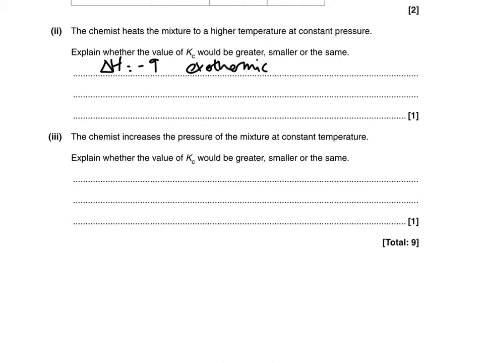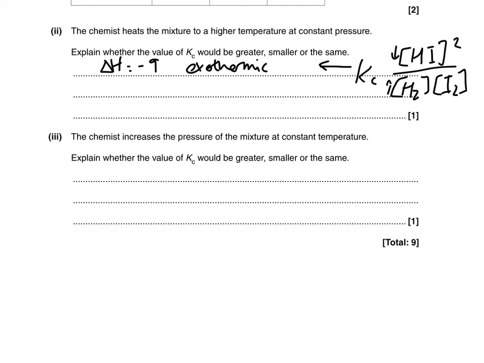If we heat it, we are going to be moving it in the backwards direction, so the equilibrium will shift to the left. That means that if we look at our equilibrium constant, if we move to the left, this has got smaller, this has got bigger, so overall Kc is smaller.